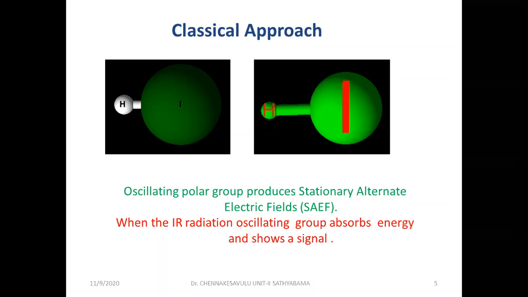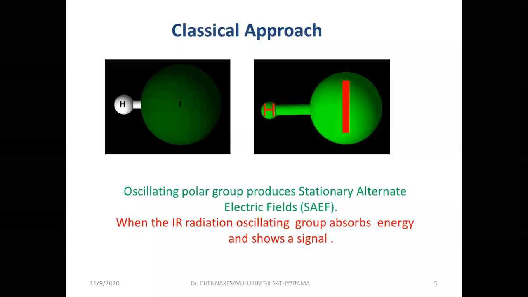What will happen if you supply the IR radiation on this molecule? It already has a permanent dipole moment. Both hydrogen and iodine are charged atoms, so it will create a stationary alternate electric field. Depending on the quantity of electric field generated on the molecule, it will absorb the energy.